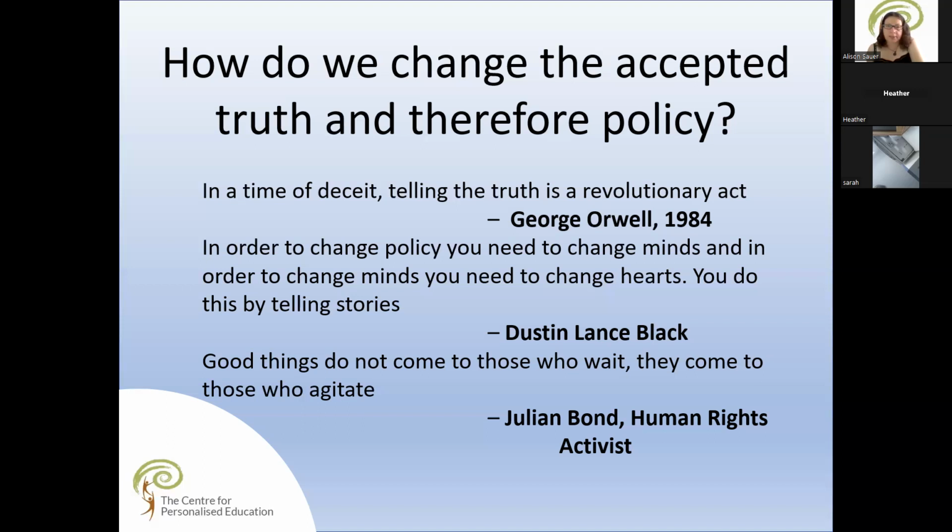Governments don't like it. They'll claim on the one hand that they want innovative, flexible people, but on the other hand, they will attack home education that produces flexible, innovative people. So we do have to be on our guard all the time.